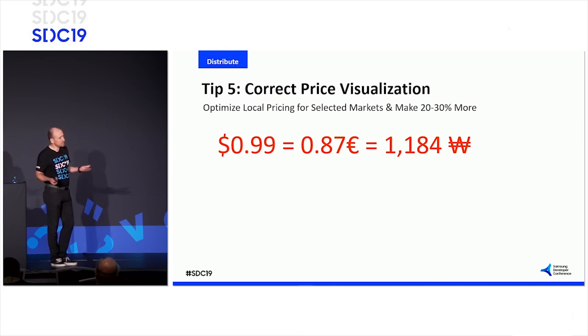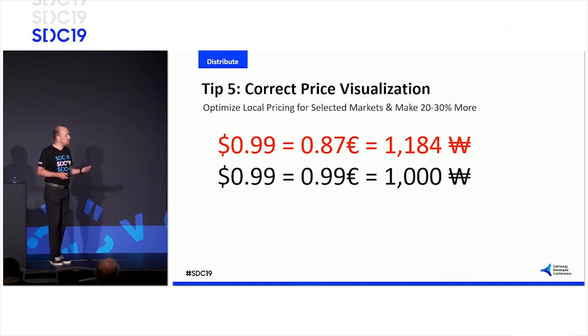But if you are then a customer in the European Union, you see 87 euro cents. That's an odd price point. Same with 1,184 Korean won. Looks odd. So we would recommend that in the top 5 or 6 markets, US and European Union at least, you use the correct price visualization.